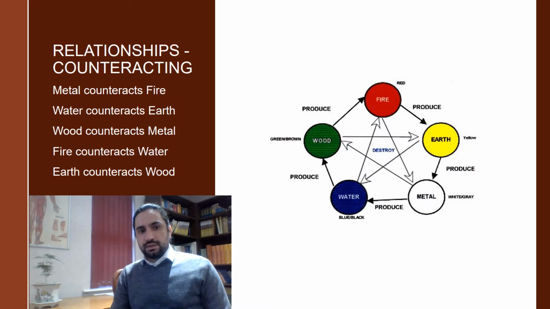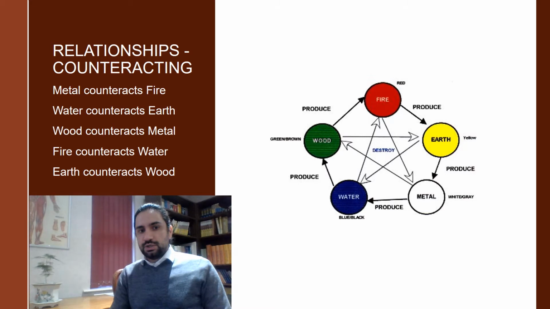As we carry on discussing the second abnormal or pathological relationship between the 5 elements, we can look again at the relationship of control. Now, counteracting is a reversal of this control.